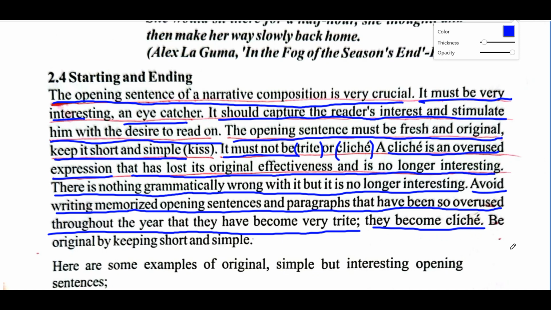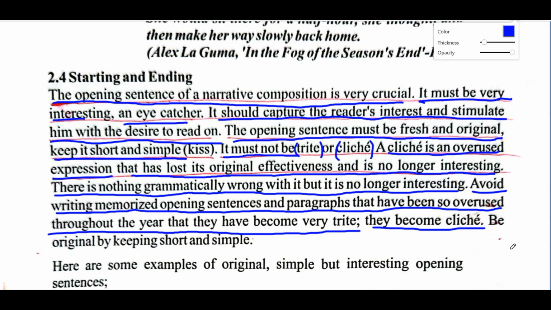For example, when you're writing a business application letter, under the introduction, people mostly use an expression like, "With reference to the above stated, I hereby..." That expression has been overused, and because of that it has lost its effectiveness.